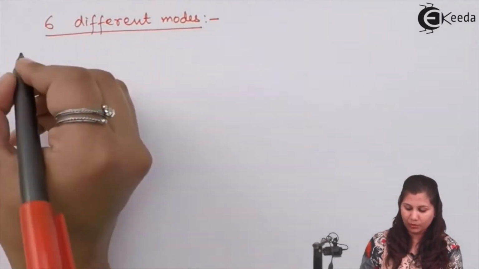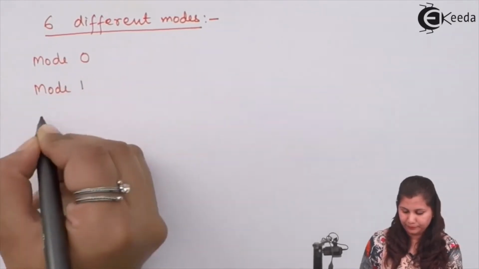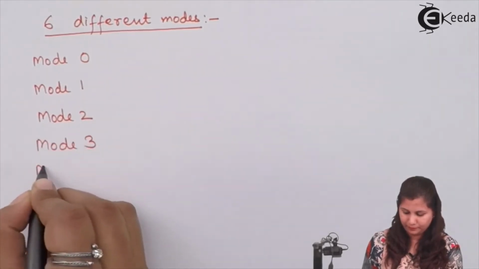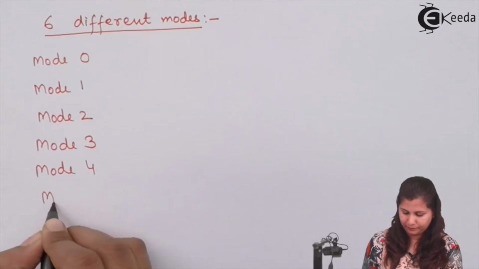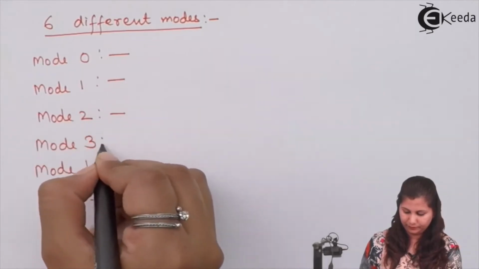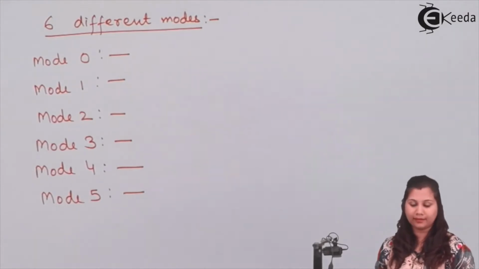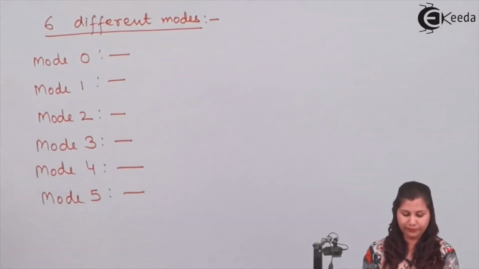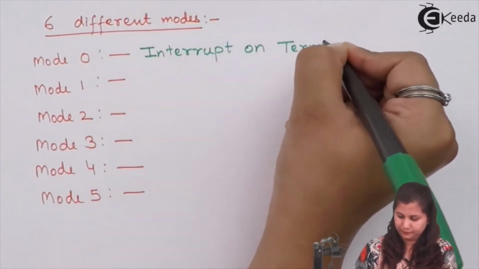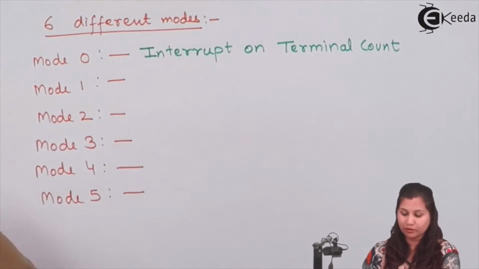So there are 6 different modes. Mode 0 is known as the interrupt on terminal count mode. Mode 1 is known as the programmable one-shot mode.